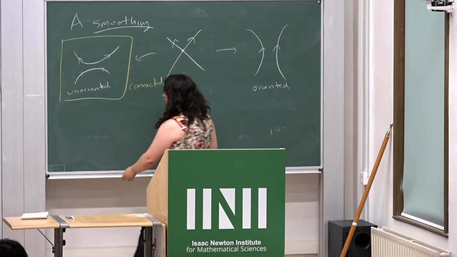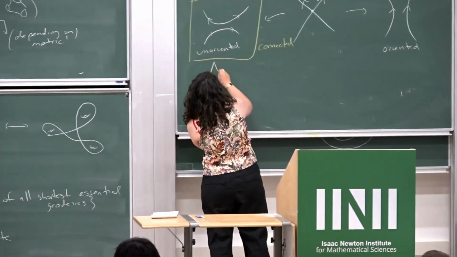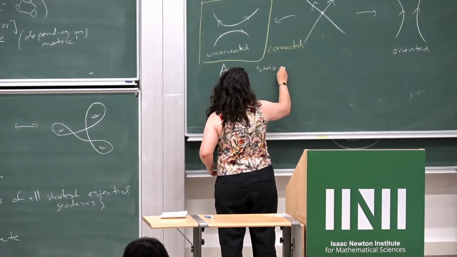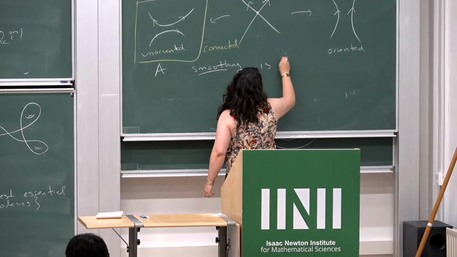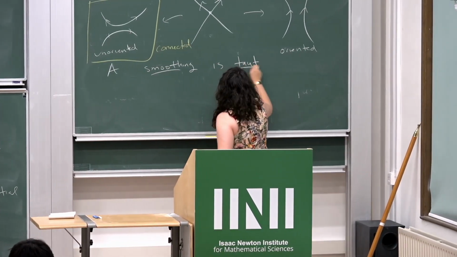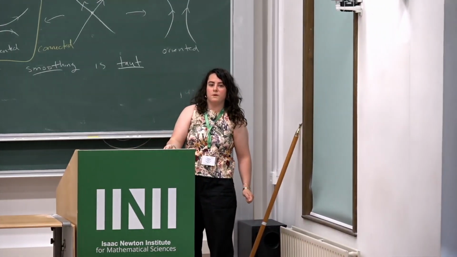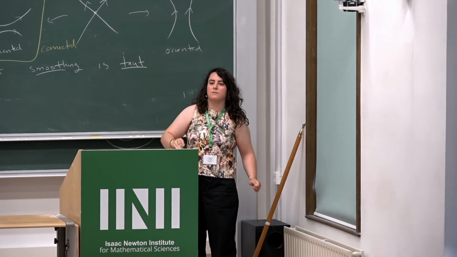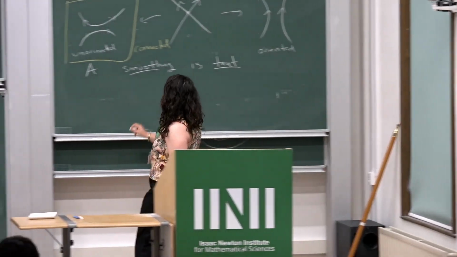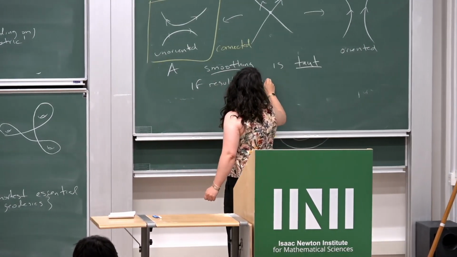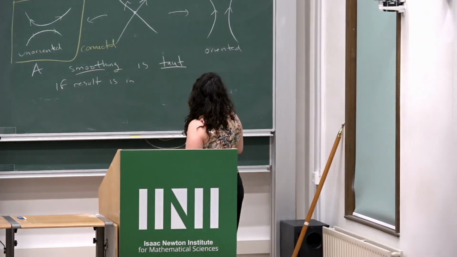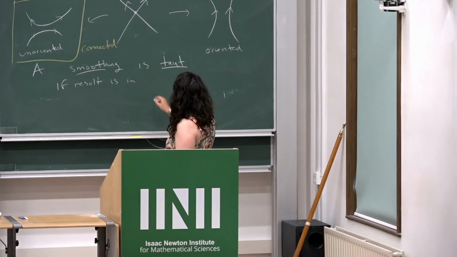So we're going to say that a smoothing is taut if the result of performing the operation is a curve that is in minimal position. Isn't it the other way around? Can you see an example of two curves intersecting? One second.